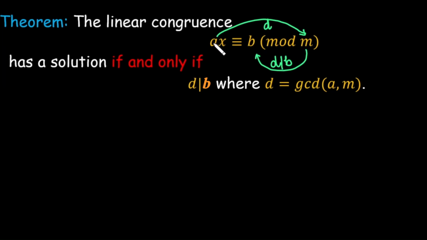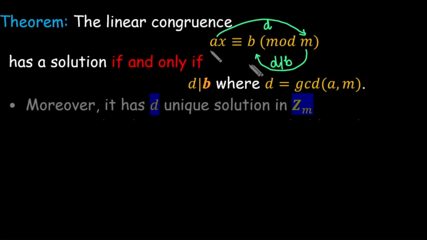If yes, a solution exists. If not, no solution exists. Moreover, it has D solutions in Zm.